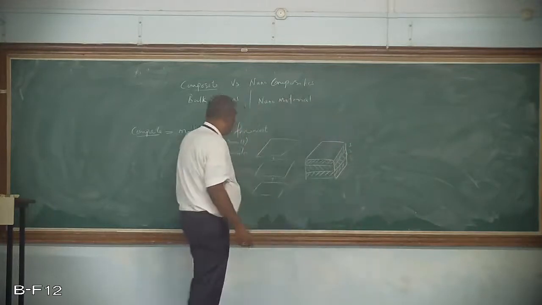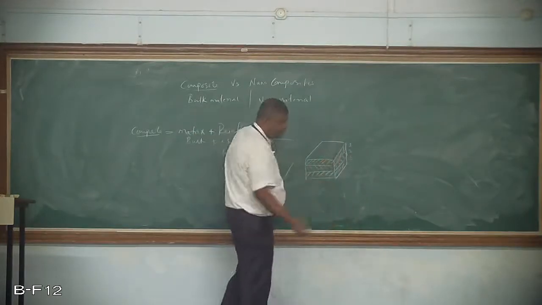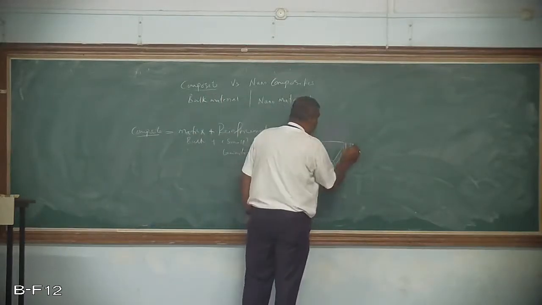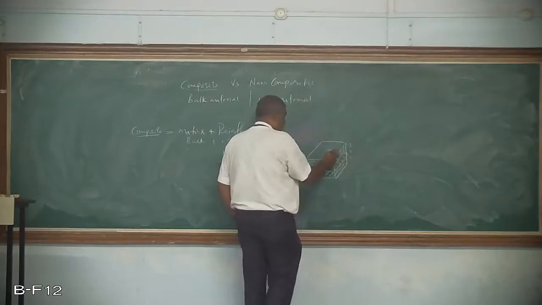In between, the second layer can be an interface material, or it can be one more layer. Both together are basically a composite material.